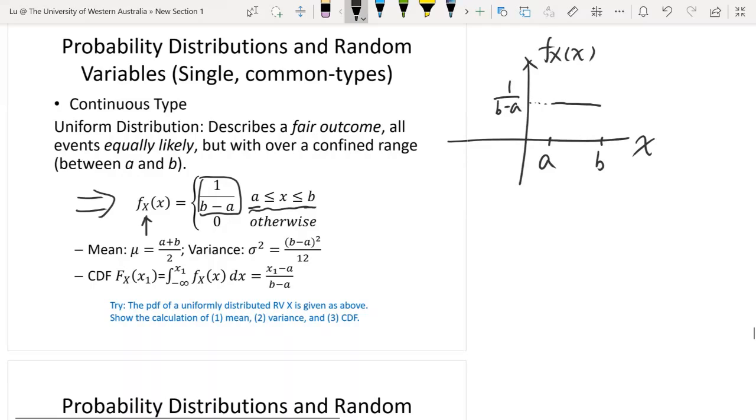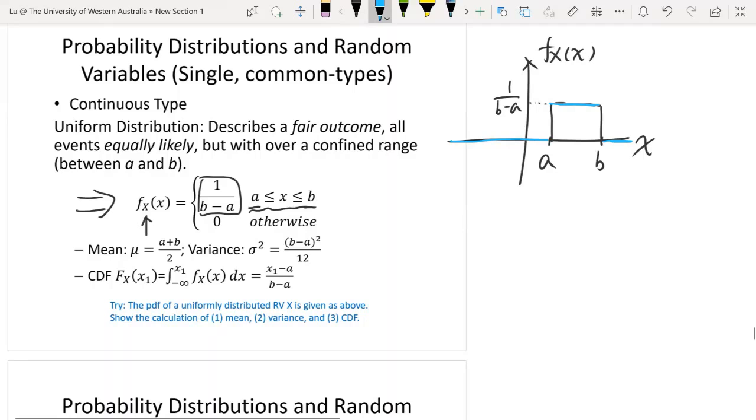And outside of this AB region, they are all zeros, and non-zero between A and B. So if you see the PDF curve of a random variable looks like this, you can say this random variable should be a uniformly distributed random variable.